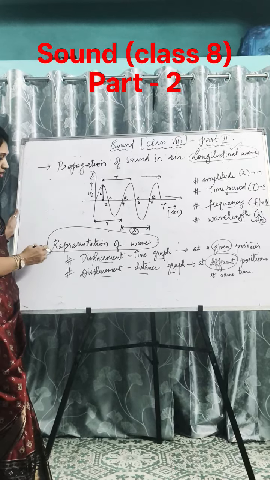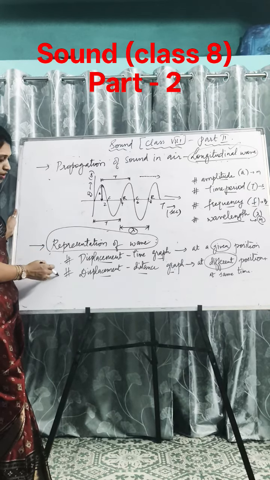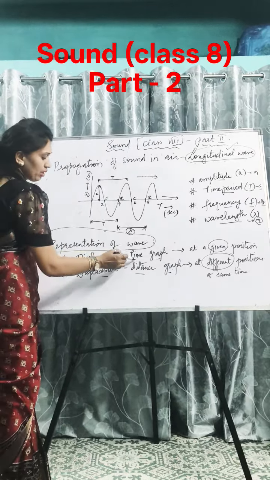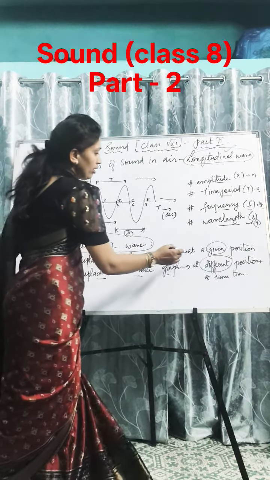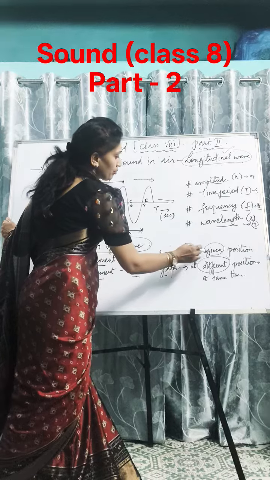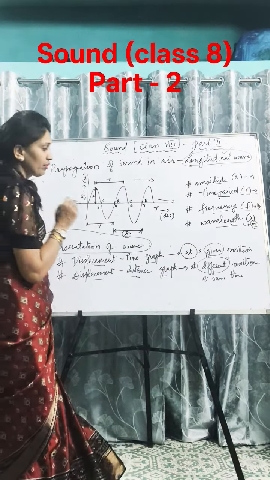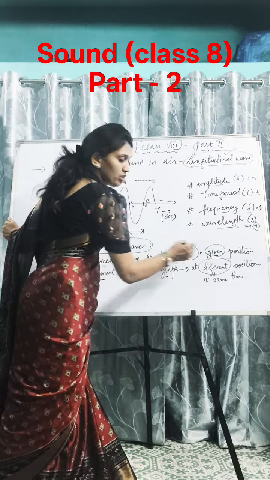So as I just told you all, the graph can be represented in two ways, that is by displacement time graph and displacement distance graph. In displacement time graph, it actually shows the particles moving at a given position.